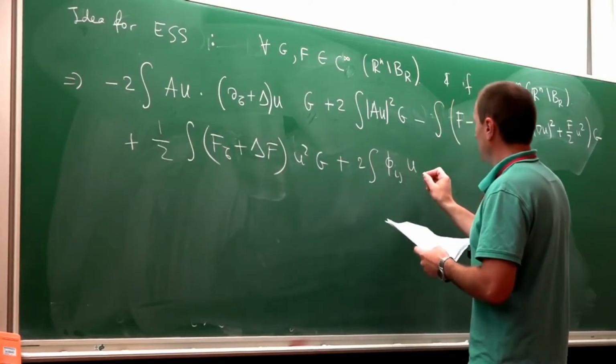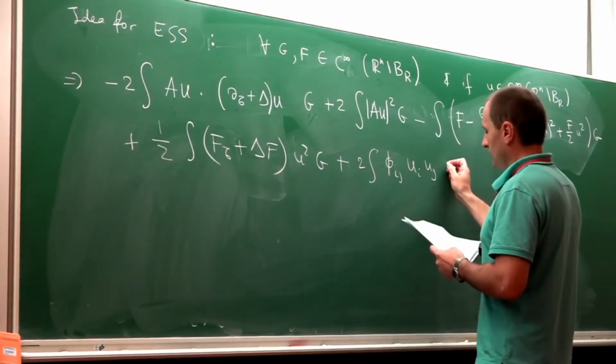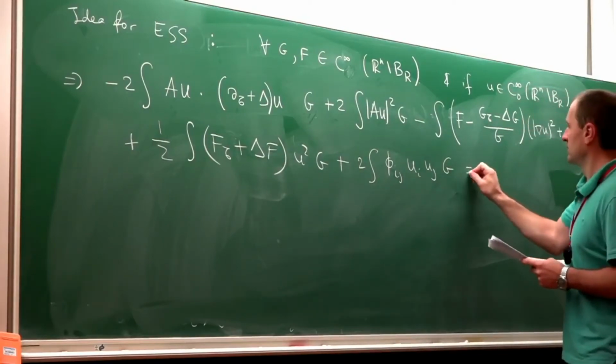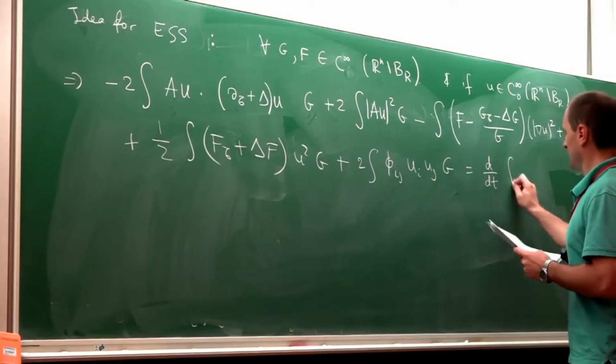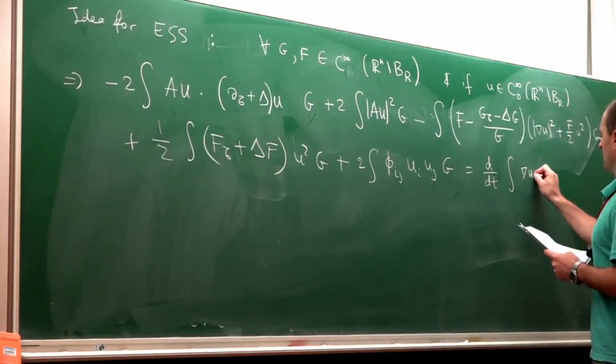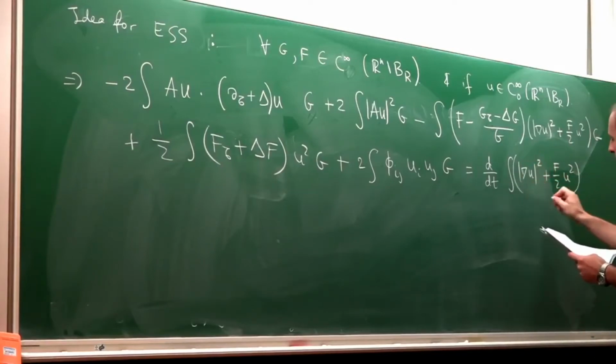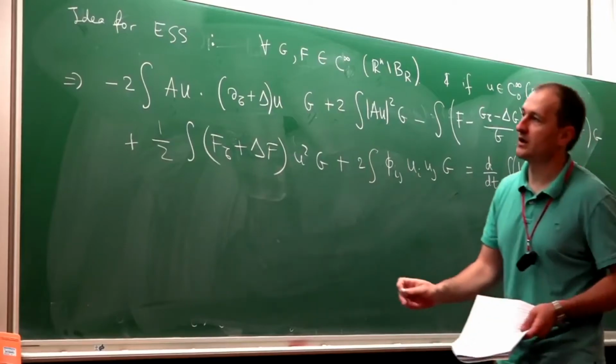They're kind of exclusive; one setting doesn't seem to work for the other. So this is the formula. The integration is everywhere in Rn.